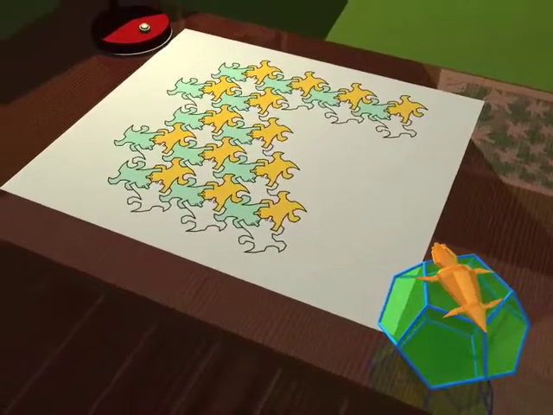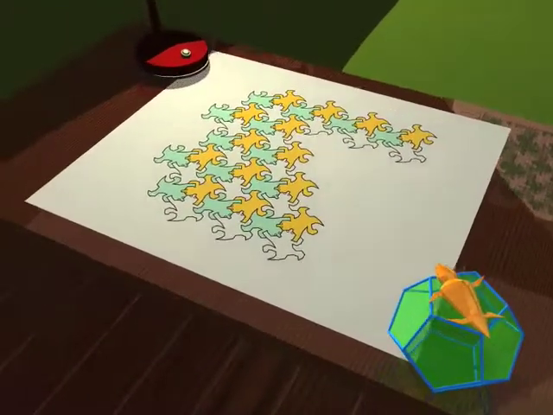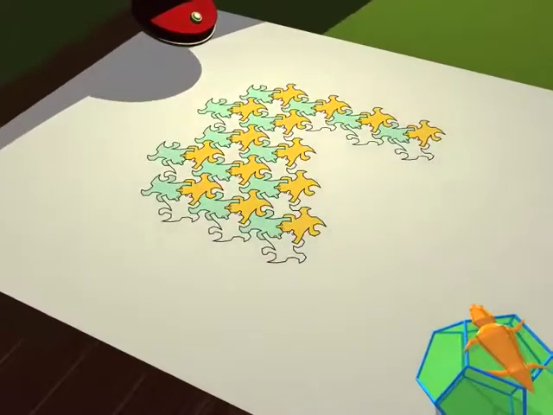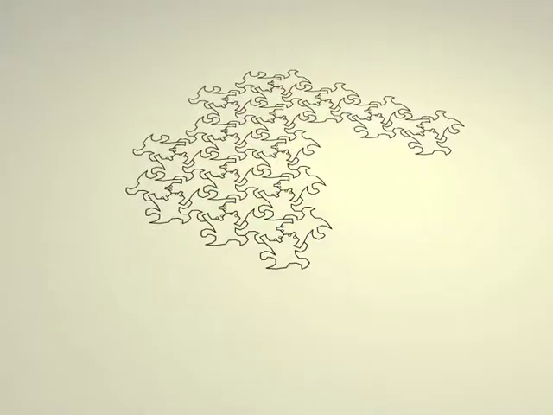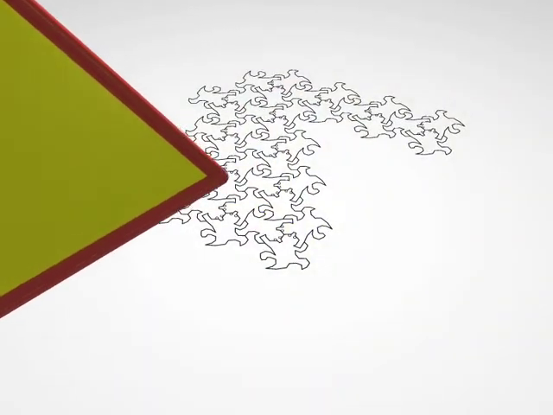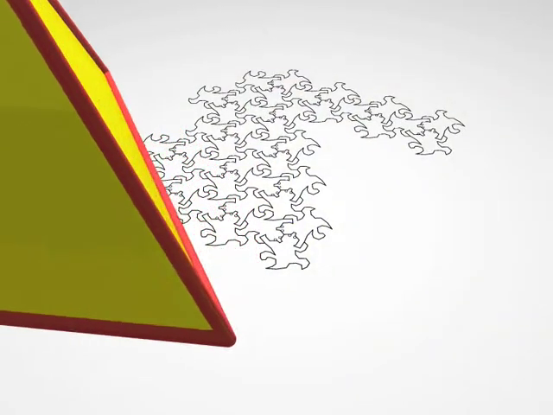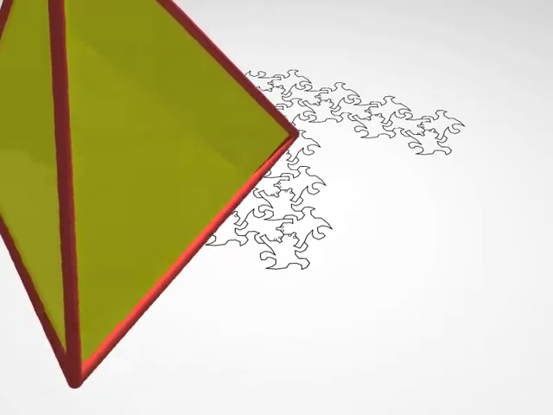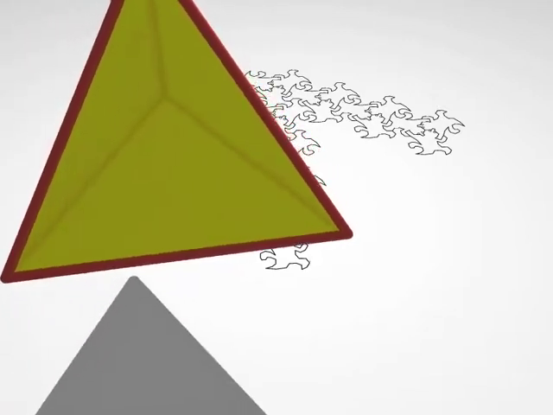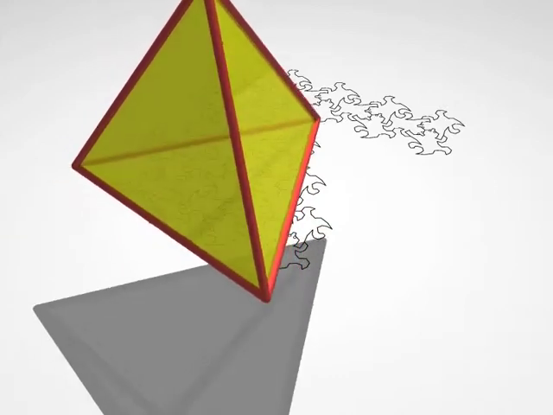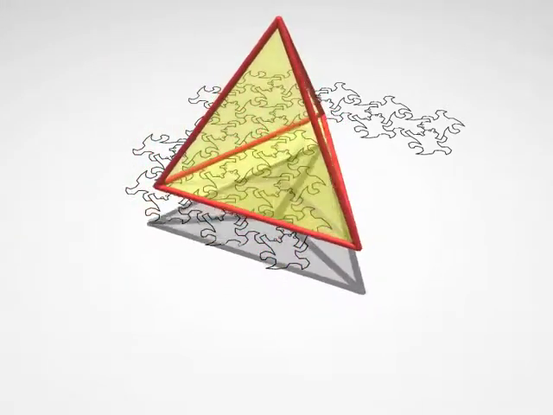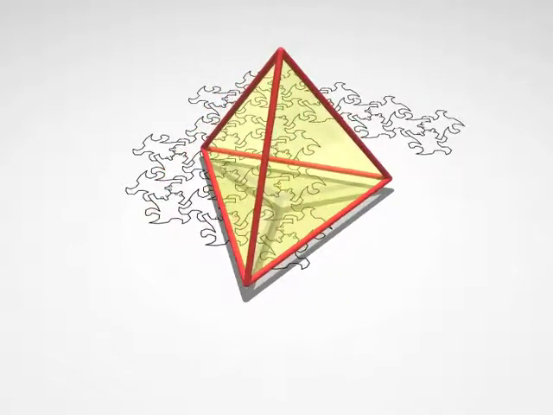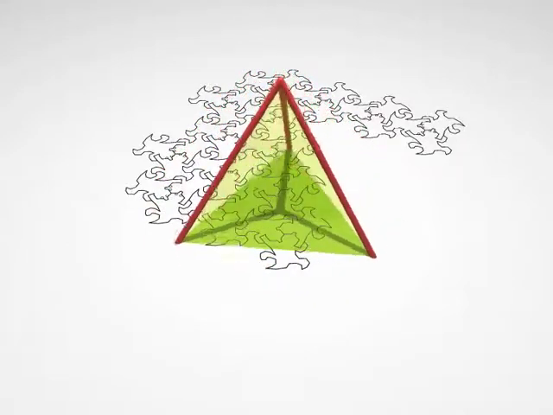As a first attempt, he could try to pass some 3-dimensional objects through his flat world. Here, for example, is a tetrahedron with its 4 faces, passing through the lizard's plane. The flat creatures see a green triangle appear suddenly, then gradually shrink away.